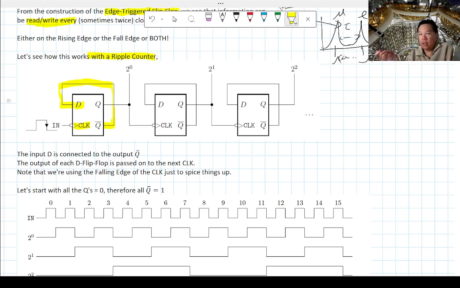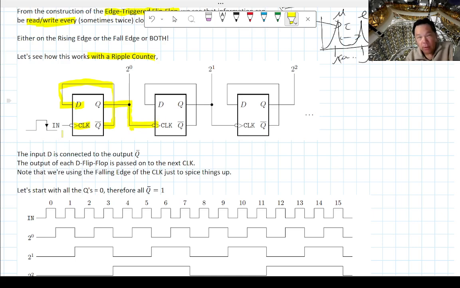Once you connect this to the clock, hopefully the bits in this ripple counter will just count up by itself, so you don't have to do anything to it. The Q output, the non-inverted output, goes to the next clock.